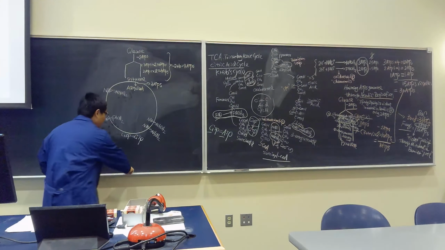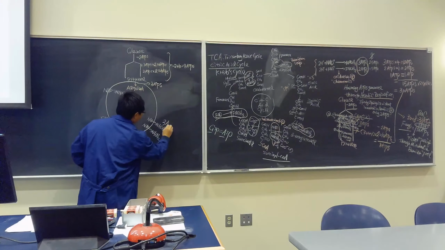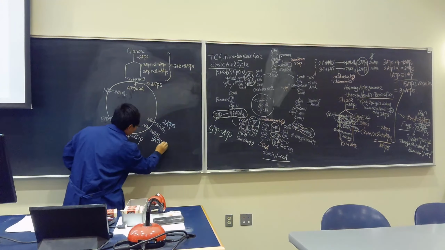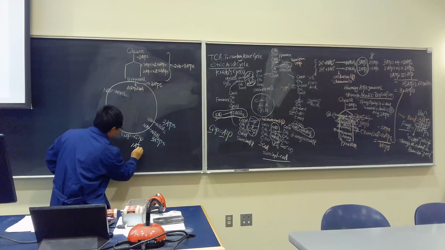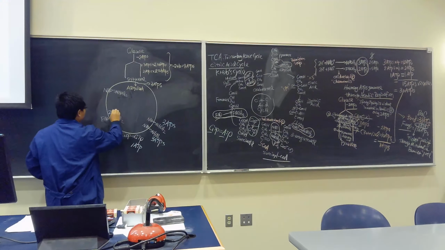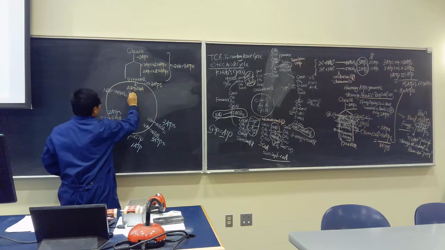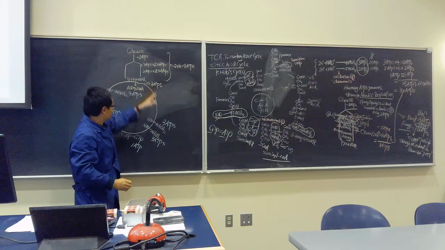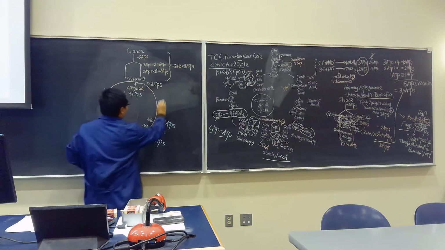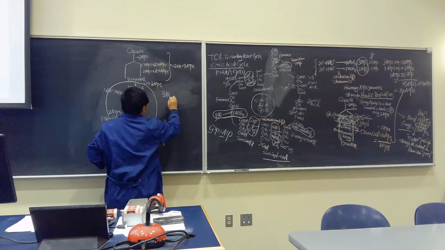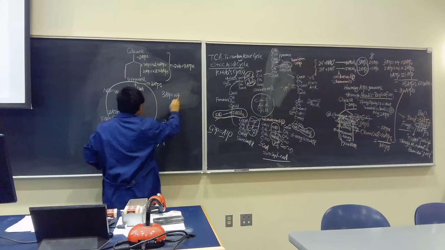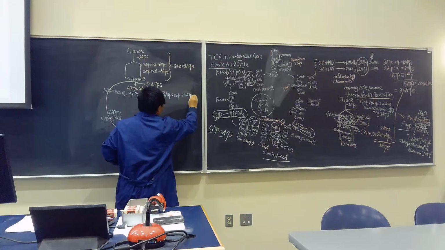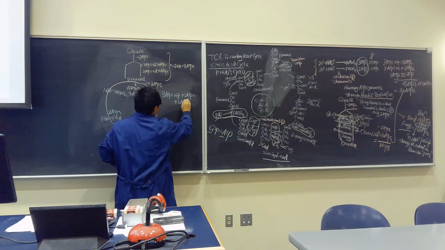Okay, how many ATP are there? 3 ATPs, 3 ATPs, this is 1 ATP, 2 ATPs, and that is 3 ATPs. So we add them together. 1, 2, 3, 4. 3 ATPs multiplied by 4, add 2 ATPs, add 1 ATP.